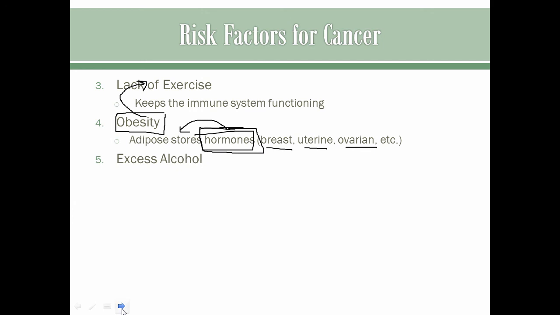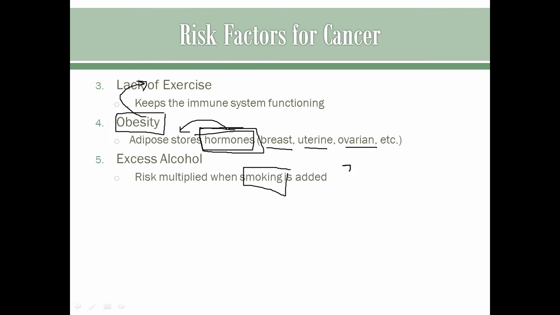And the last thing is excess alcohol. There's kind of a fine line here, in that most doctors recommend a moderate amount of alcohol because it decreases risk for some other diseases. But excess alcohol, defined as more than 2 drinks a day for men and more than 1 drink a day for women, can be a cell damager. And when we add smoking to that mix, that exponentially increases the risk.